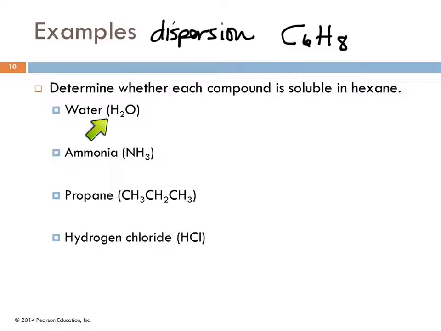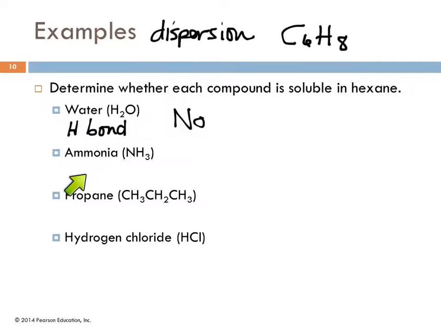What kind of intermolecular forces? Let me rephrase that. They all have dispersion forces. So we're going to talk about the strongest one. What's the strongest intermolecular force that water has? Hydrogen bonding. So we've got hydrogen bonding for water and dispersion forces for the hexane. Are they going to dissolve? No. They're two different.